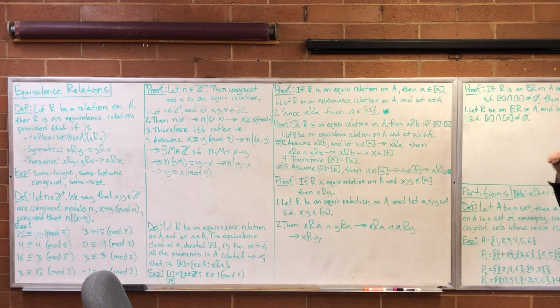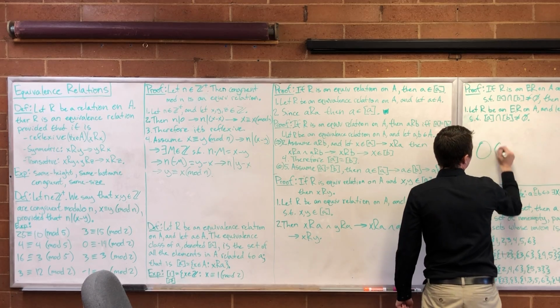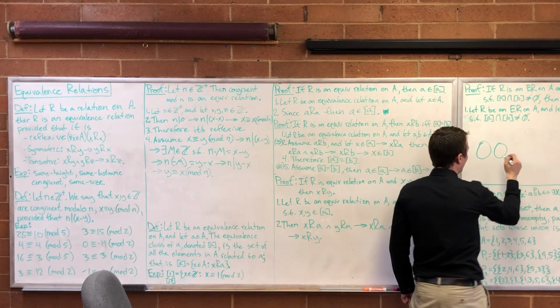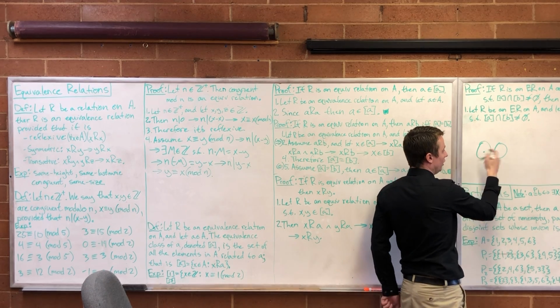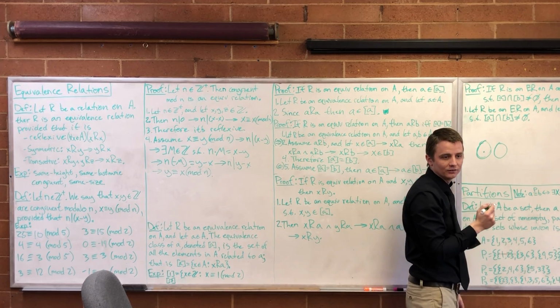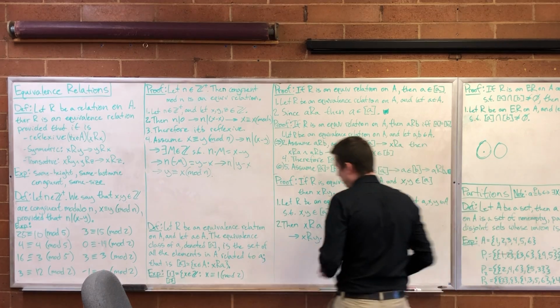So if two equivalence classes have any elements in common, then they must be the same equivalence class. Does that make sense? Equivalence classes, they're always disjoint. So if you have two equivalence classes that share an element, you have the same equivalence class twice. That's one way to think about it.